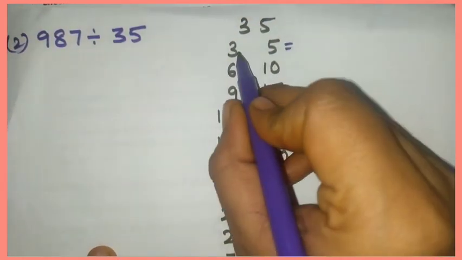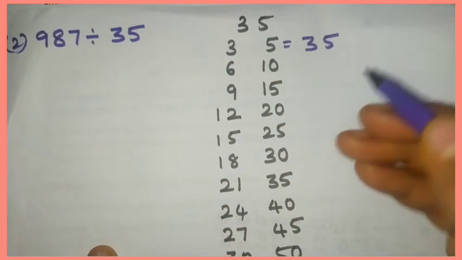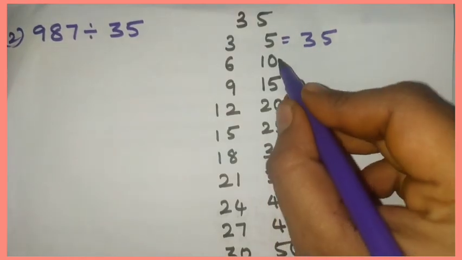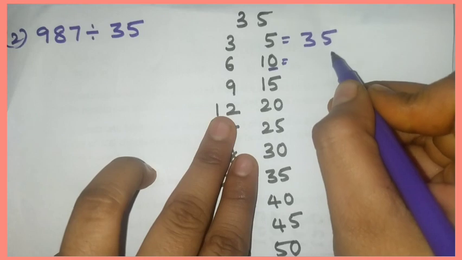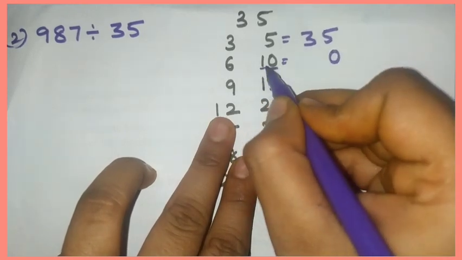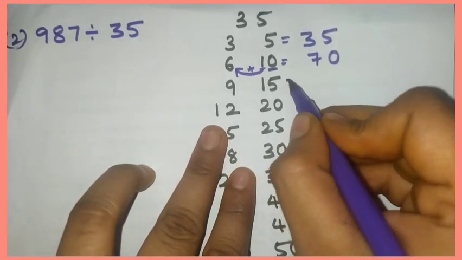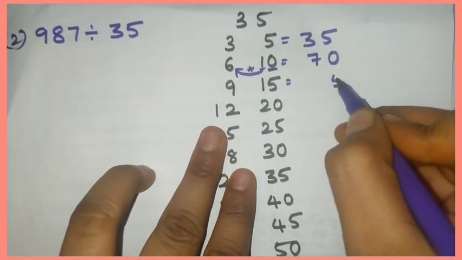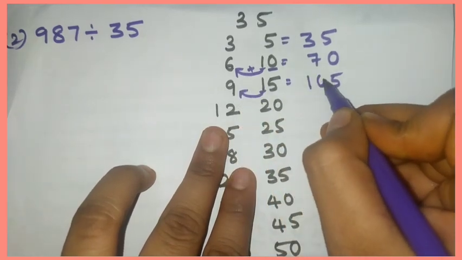Here it is a single digit, so we'll write directly 35. Next this is a 2-digit number, so we'll write the ones place 0 here as it is, and this 1 is added here. 6 plus 1 is 7. This 5 we write directly, and this 1 is added here. 9 plus 1 is 10.